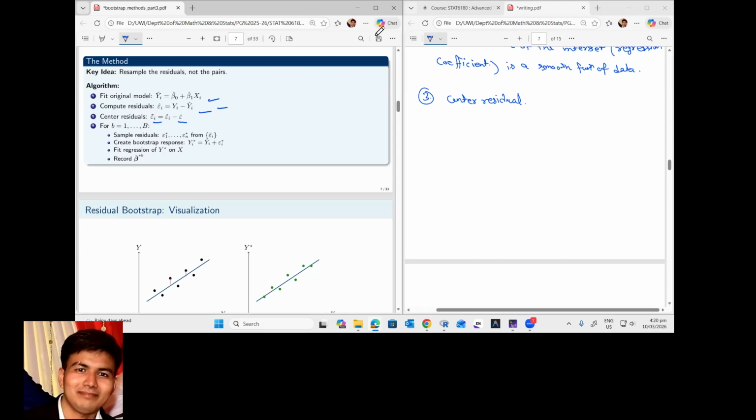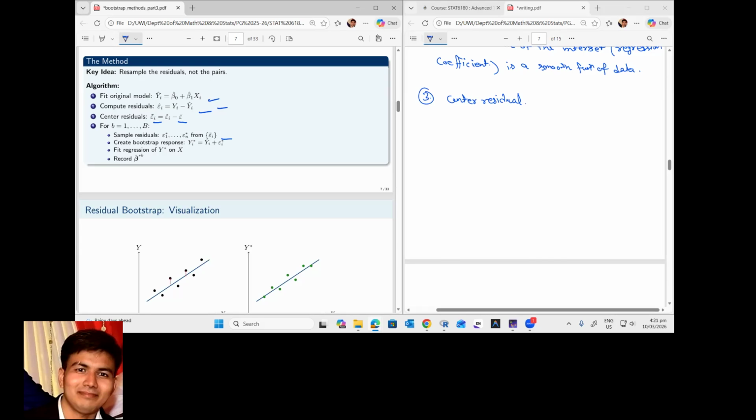That's why we are doing the centering of the residuals. After that, we draw n values from the empirical distribution of centered residuals. This represents drawing errors from the unknown error distribution, because we sample with replacement.